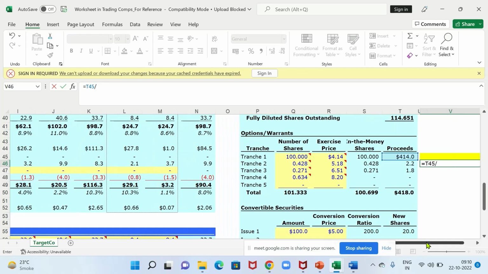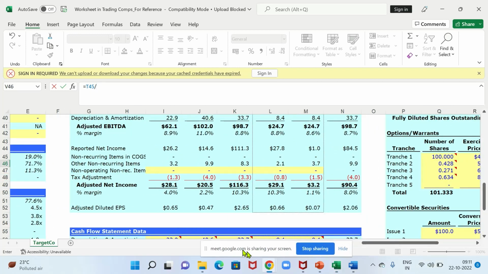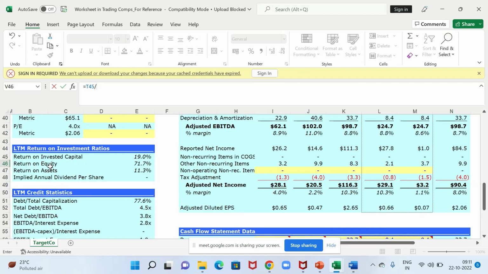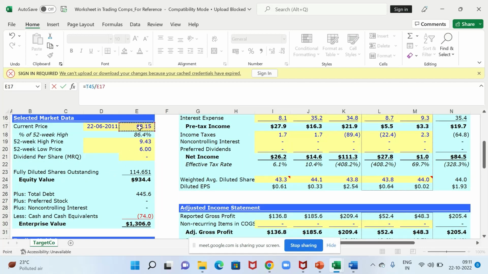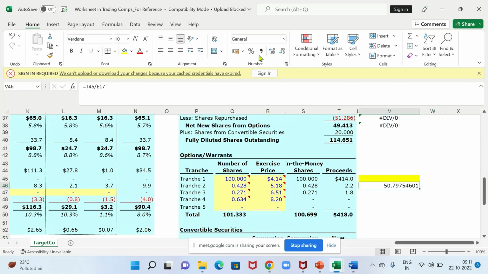So the total proceeds I'm getting divided by current share price. Basically, I'll be able to acquire 50.8 million shares.